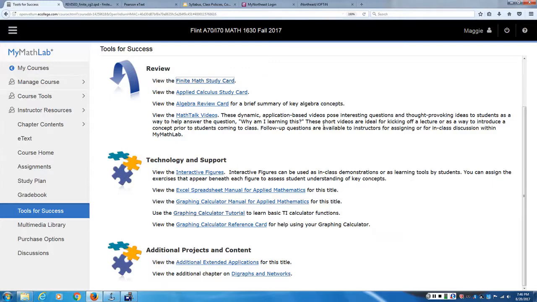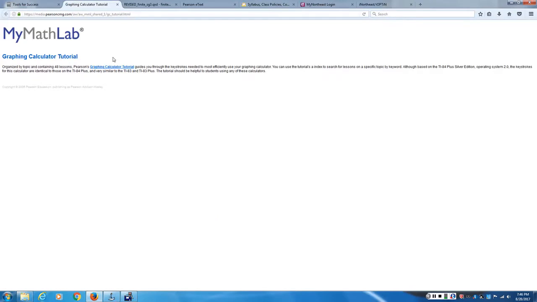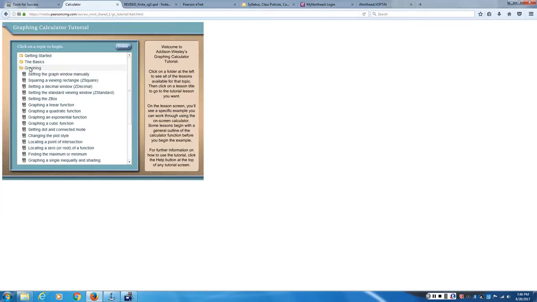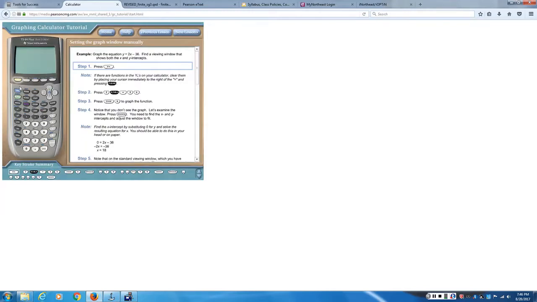The other thing that's here that I want to be sure you know about, for those of you not real familiar with the calculator, is the graphing calculator tutorial. It's right here. This is a really good tutorial, especially if you have a TI-84. For example, the first thing we're going to do is maybe some graphing, and you want to know how to set the graphing window. It tells you exactly how to do it.